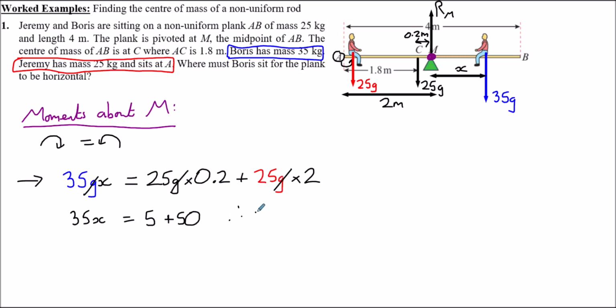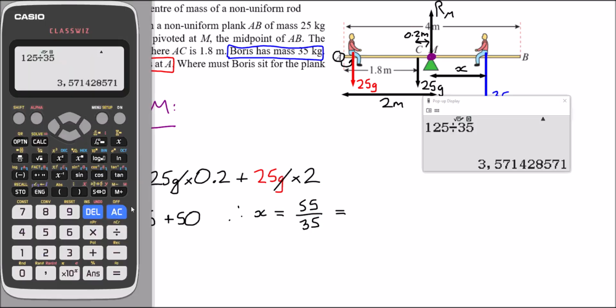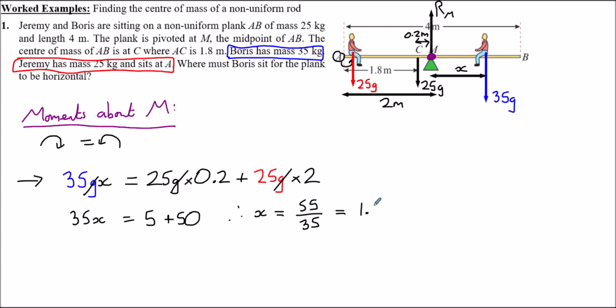So therefore, x will be 55 over 35, which we can now calculate. 55 over 35 gives us 1.57 meters to 3 significant figures. So he needs to be 1.57 meters from M to 3 significant figures.